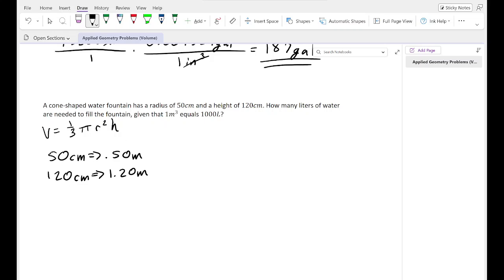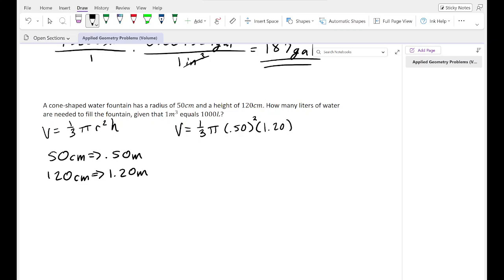So now that I've converted them to meters, I can actually use my volume formula more accurately. So 1/3 pi times r. The radius is 50 centimeters, 0.50. So 0.50 squared. And then the height is 120 centimeters. We know that's 1.2 meters. 1.20.